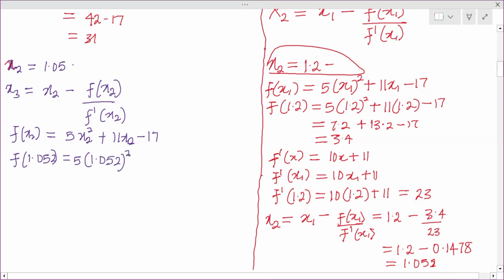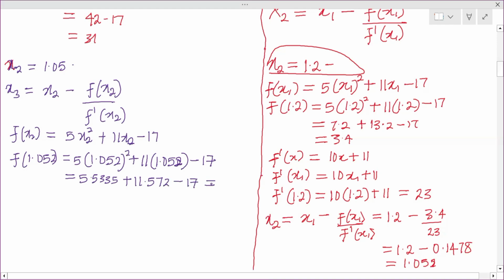1.052 all squared plus 11 into 1.052, then minus 17. When you do that, you have 5.5335 plus 11.572, then minus 17.